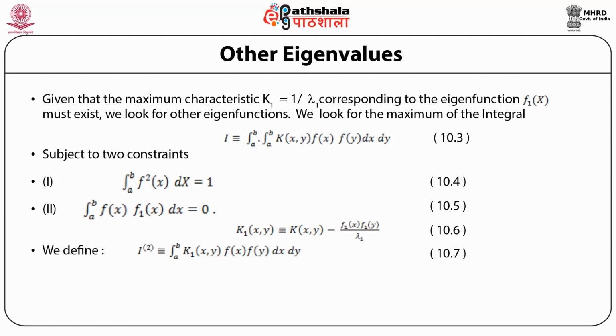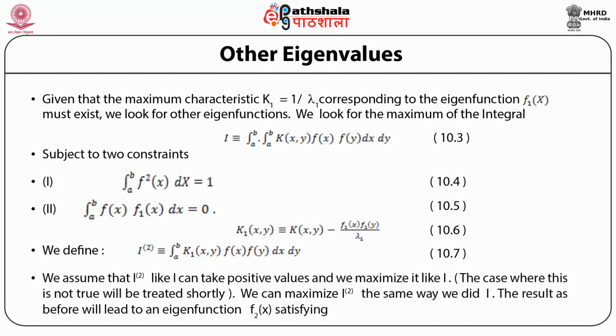We now look at the integral I2 from a to b over dx dy, the integrand being K1(x,y) f(x) f(y). We assume that this integral I2 can take positive values and we maximize it like in the previous case, while the case where this is not true will be treated shortly.